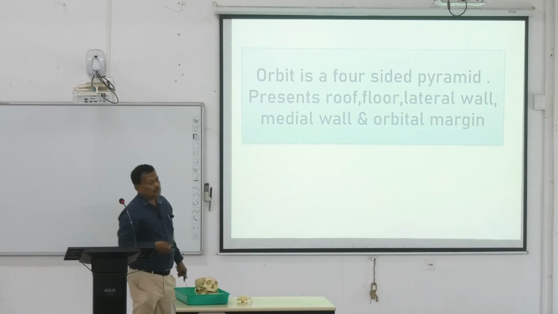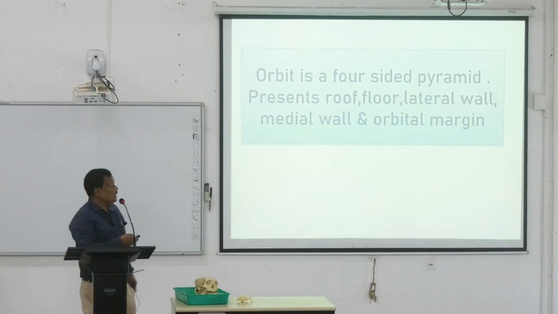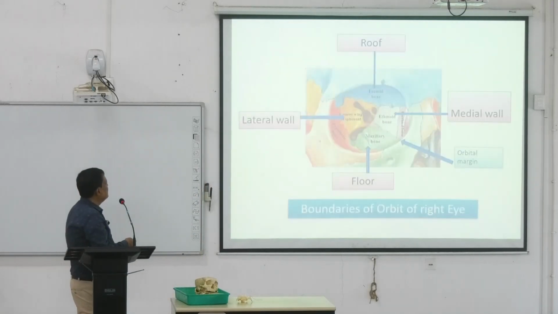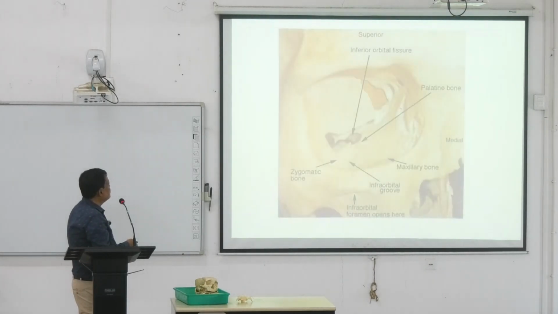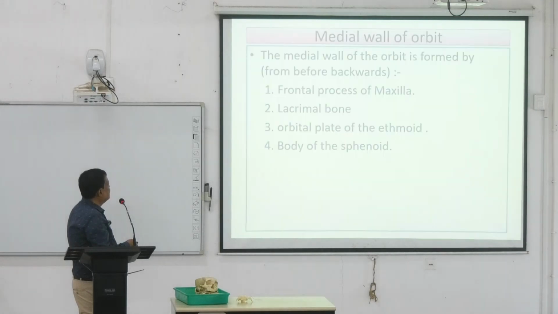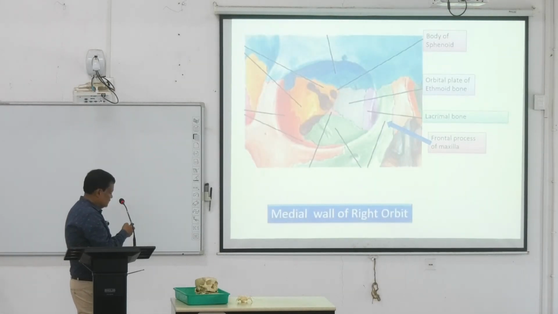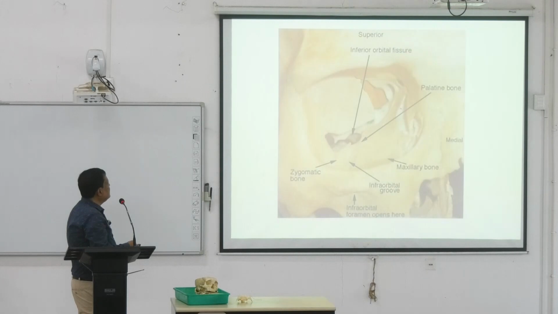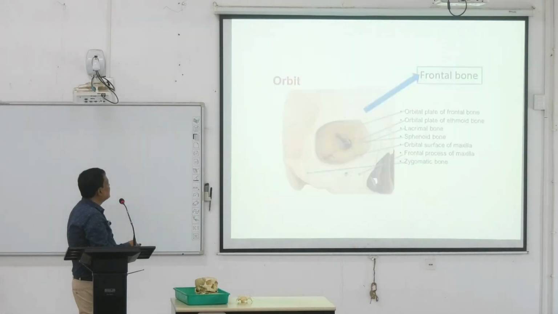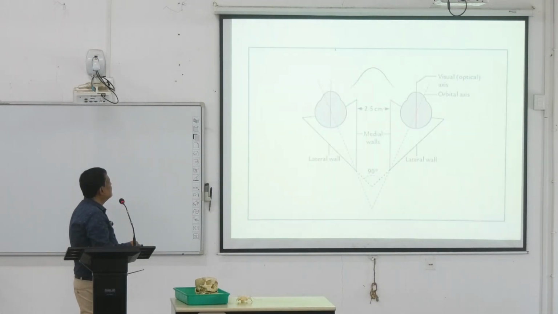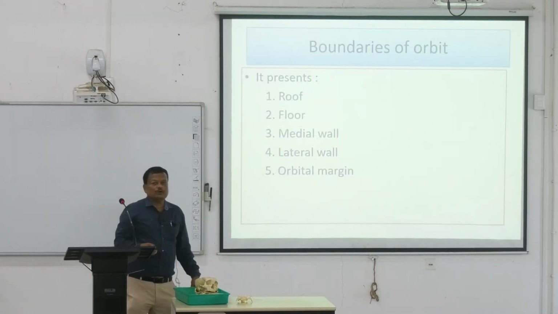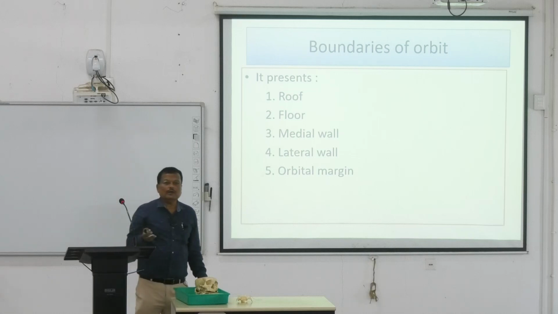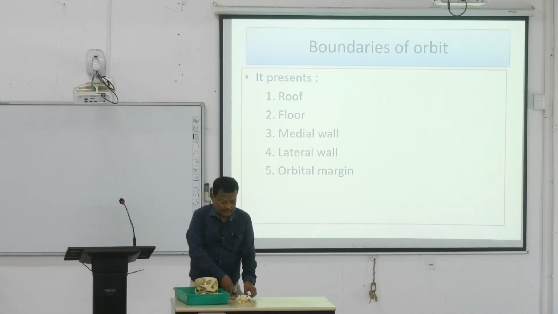এবার একটু বাউন্ডারিটা বলি, খুব ইজি, একবার যদি এটা দেখো হয়ে যাবে। কোথায় গেল ছবিটা, কোথায় গেল, যাকে খুঁজে পাচ্ছি না। আচ্ছা, একটা একটা করে বলি, এটা অত লেখা আছে, অত লেখা লাগবে না। So orbit has got a roof, floor, medial wall, lateral wall, apex and a base.